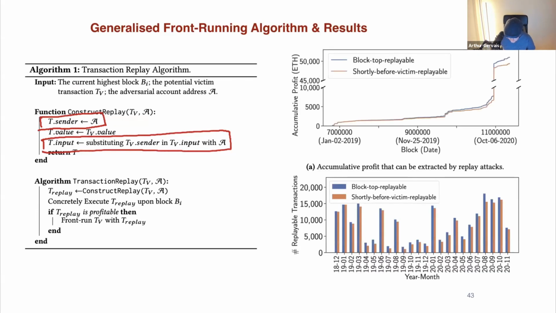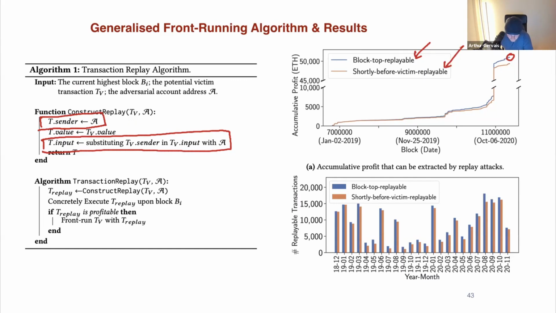Yet by just replaying past blockchain data, which you can do by having an archive node, we found that the accumulative profit over not exactly 2 years, maybe a year and a half, amounts to about 50,000 ether. There's also a difference whether you replay on the top of the block or just ahead of where the victim was mined.